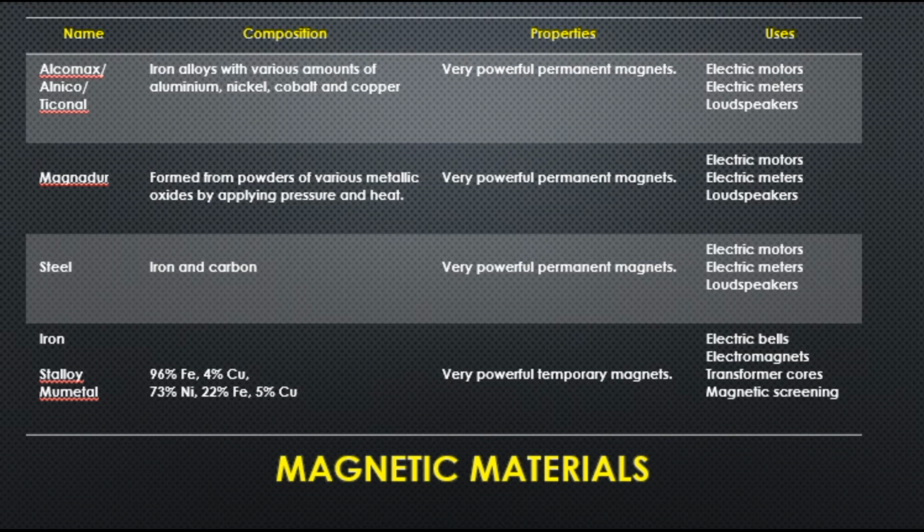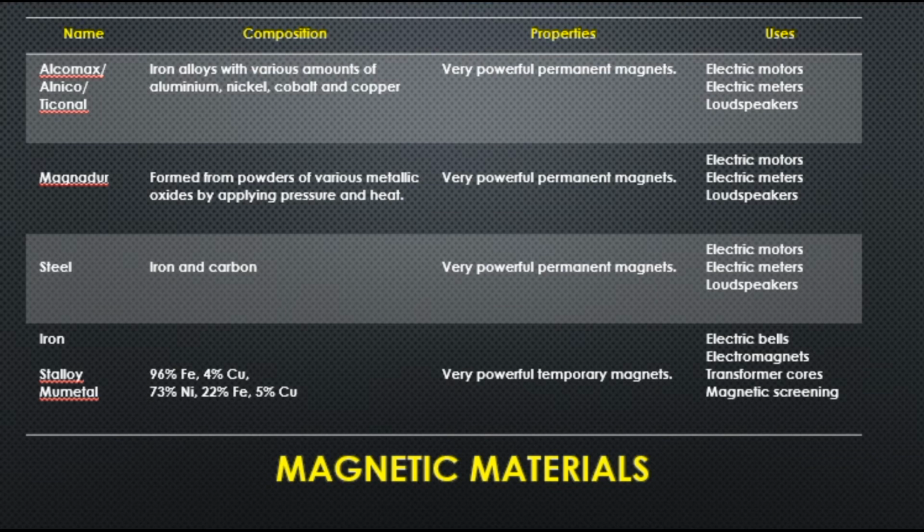Next, magnetar. Composition, formed from powders of various metallic oxides by applying pressure and heat. The properties, they make very powerful permanent magnets. Uses, electric motors, electric meters, loudspeakers.